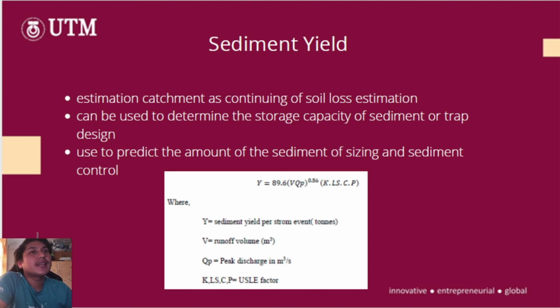Sediment yield can be used to determine the storage capacity of sediment traps design. It is used when we want to predict the amount of sediment for sizing and sediment control. Below is the formula that we can use in calculating the sediment yield, as stated below.